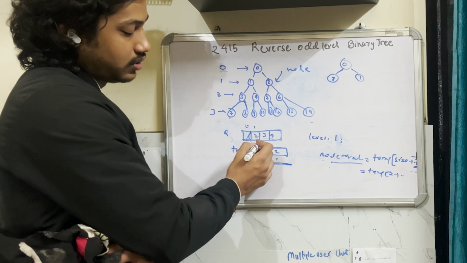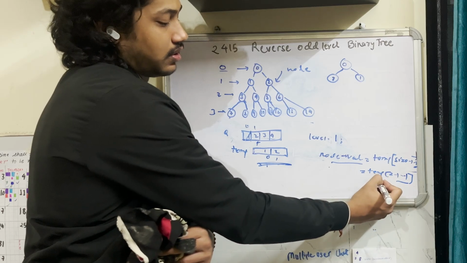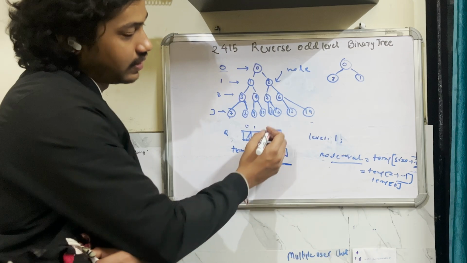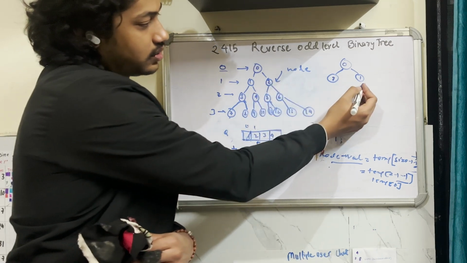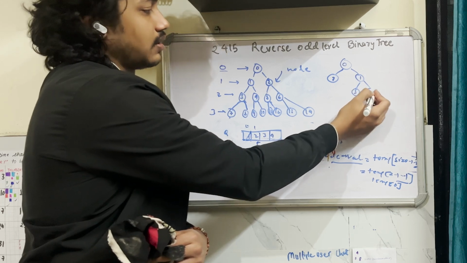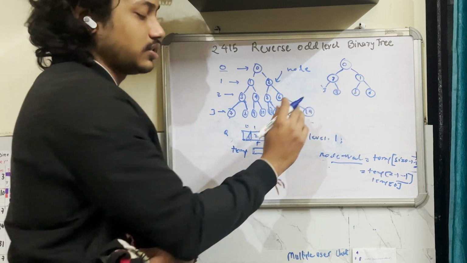We are here, so it's 1 minus 1. So this will give 0. Temp of 0, at temp of 0 we have 1. So we will put 1 here, so it will become this, and its children will remain the same. So you found out you are basically doing nothing, you are just swapping the values.